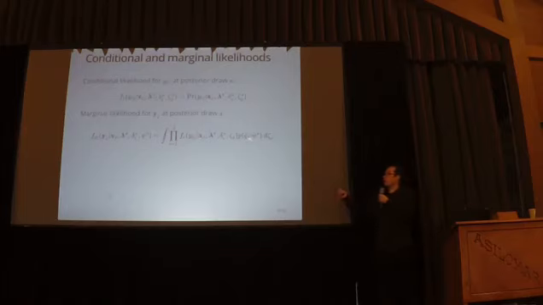Then we integrate out the residual from that product and over its prior distribution. And that gives us the marginal likelihood. So the marginal likelihood depends on psi, which is the standard deviation of the residuals, whereas the conditional depends on zeta, the residual itself.